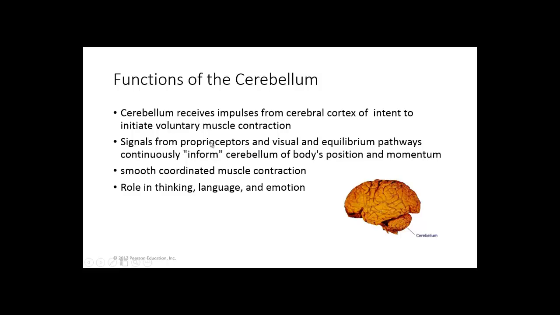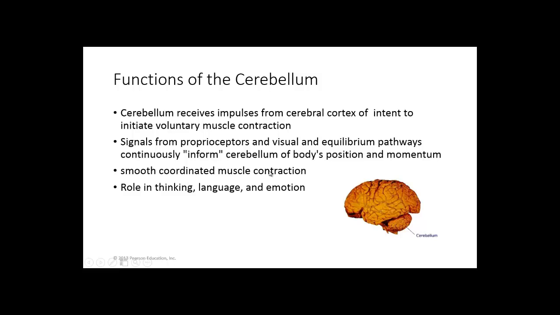Remember, that's our body position, those receptors that tell us about body position. We find proprioceptors in our joints, ligaments, tendons, muscles. So it gives us a sense of equilibrium and balance. So when we look at equilibrium and balance, the cerebellum plays a large role in that. And also smooth flowing movements are also coordinated by the cerebellum.